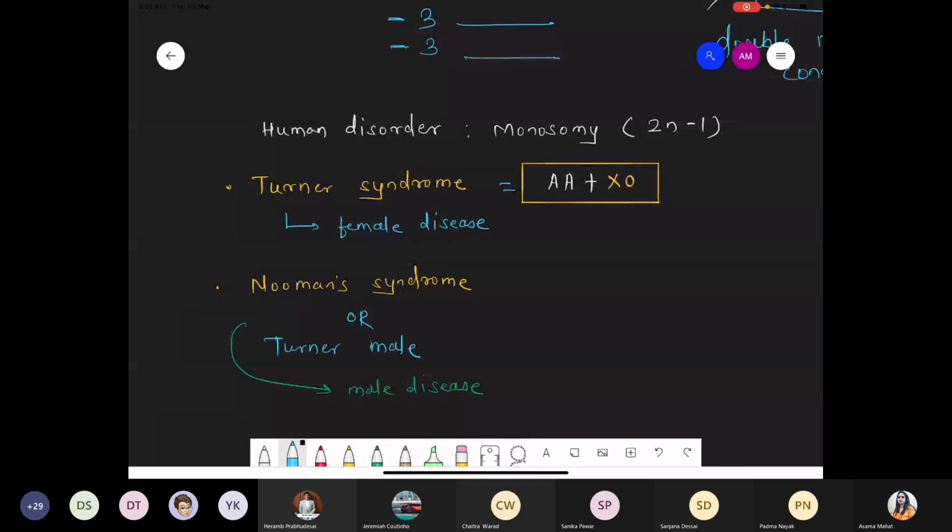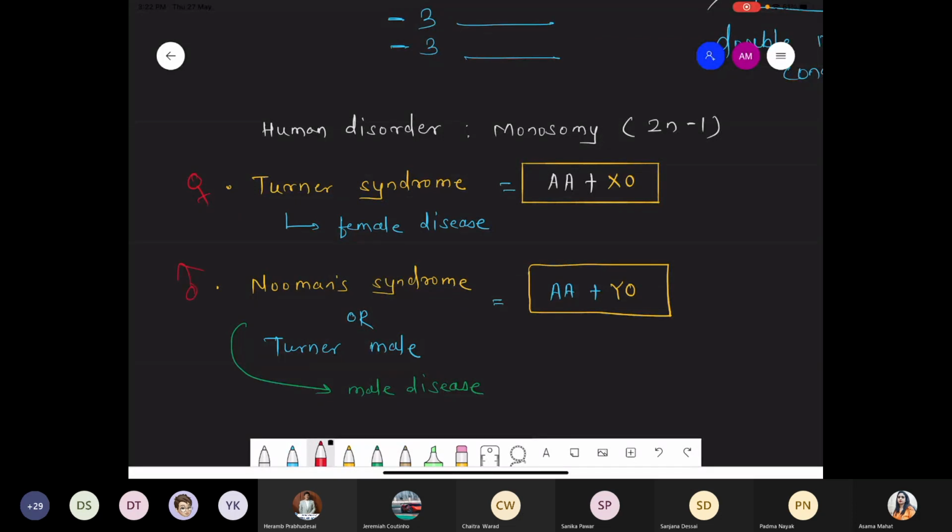It is again monosomy: autosomes plus only a Y chromosome. The X chromosome is absent. So it is definitely a male, but there is a loss of the X chromosome. So autosomes plus Y0, where 0 means loss of one chromosome. Turner syndrome is mostly present in females, while in Newman syndrome males are affected.